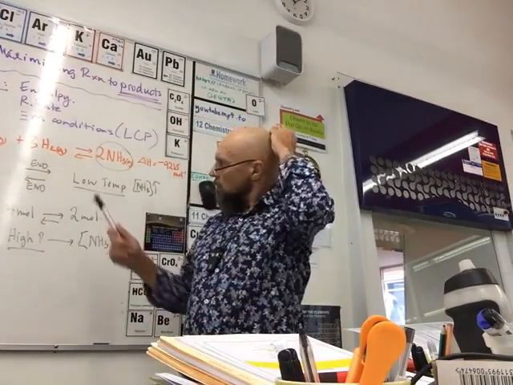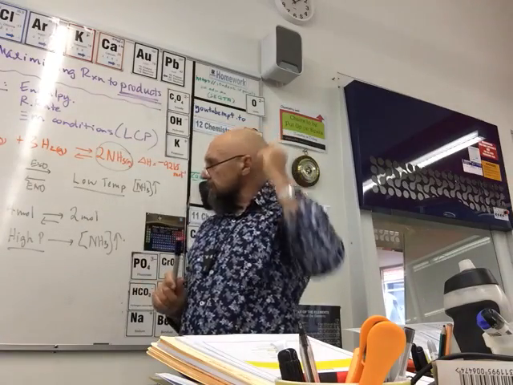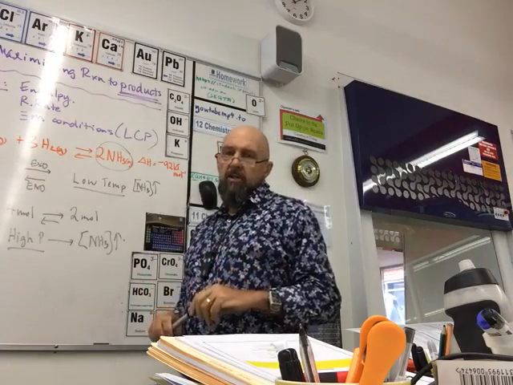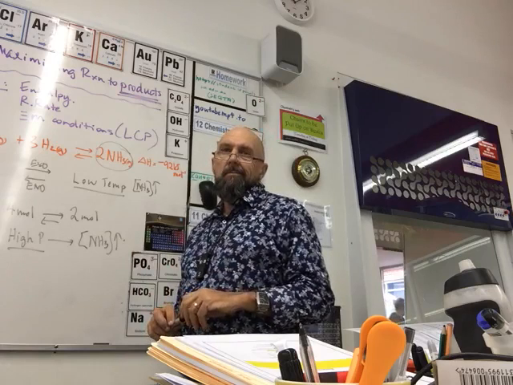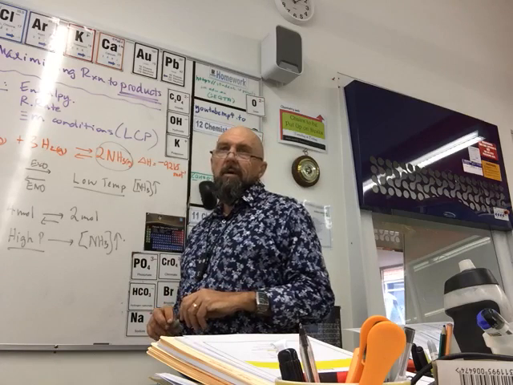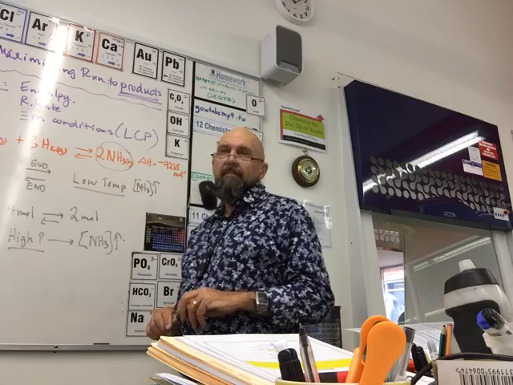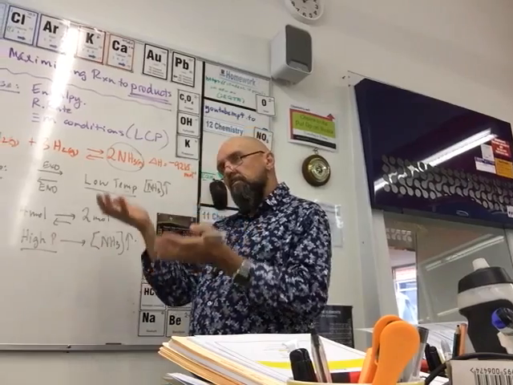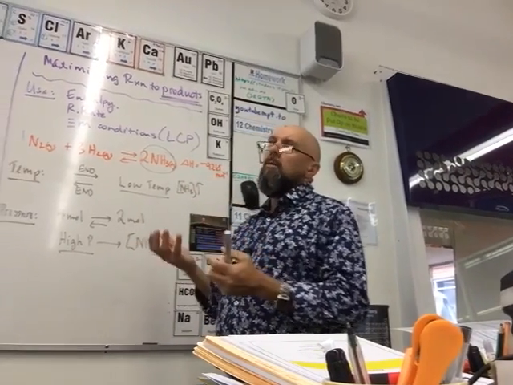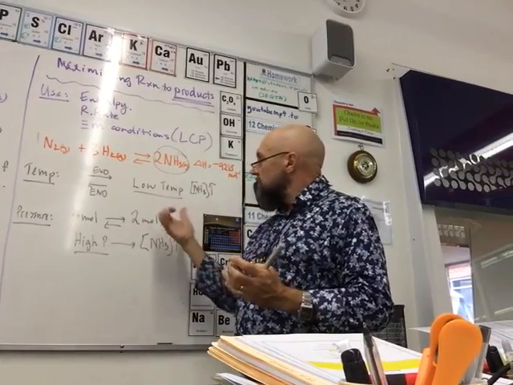So, what does this tell you about the rate of the reaction? What do you know about rate and low temperature? Harrison? It slows it down. So we've got this balancing act now. We said low temperature favours ammonia.